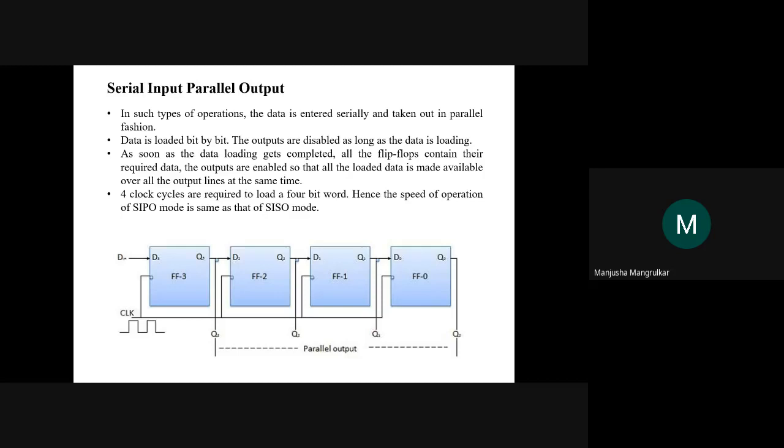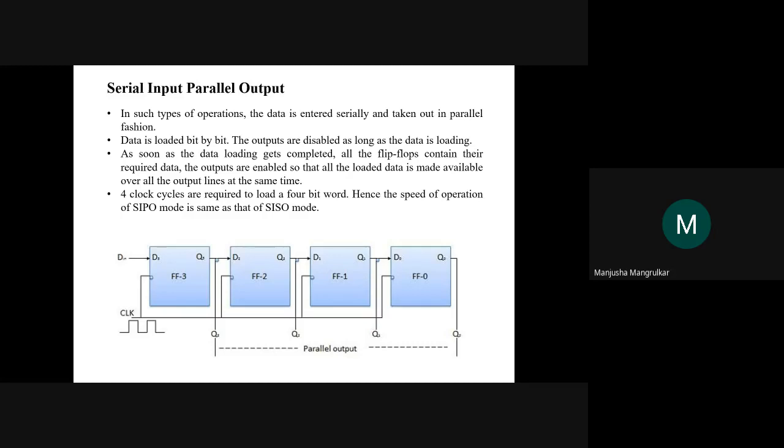Parallel works with the same clock pulse for everything, right? But in serial, data comes in one by one with the respective clock pulse. So the four clock cycles are required to load the 4-bit word, right?